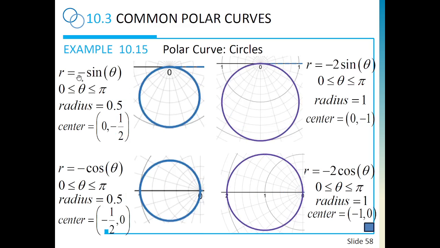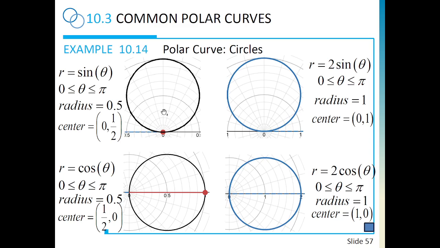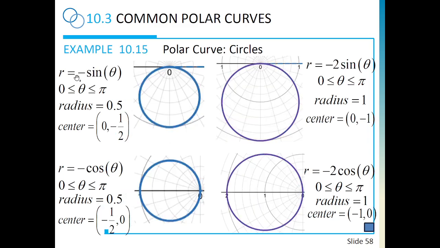If I put a negative sign in front, so minus 1, the circle will flip to the negative side. That's all. So the circle here was up on the y-axis. If I put negative here, it flips down. Same circle, just down. Minus 2, it flips down, below, on the negative side.